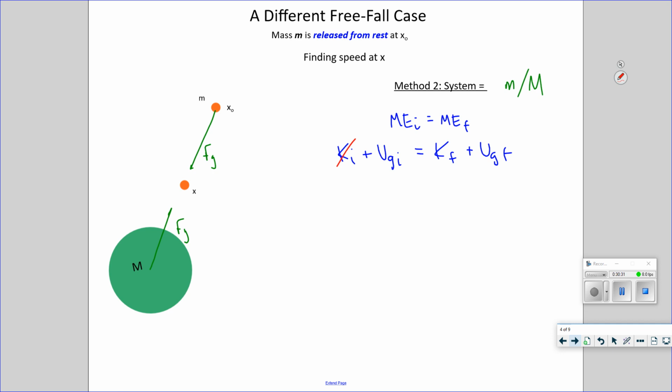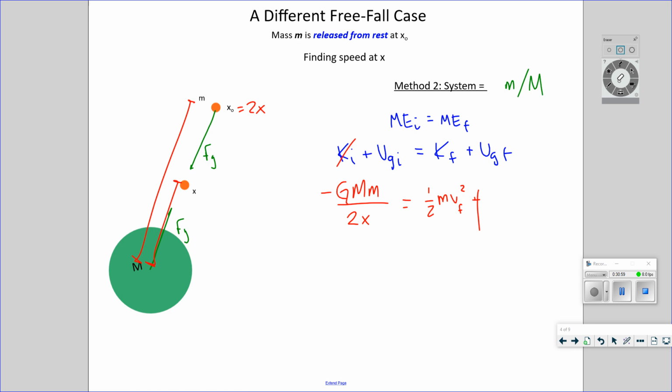So what we can say is that initially there is a gravitational potential energy GMm over, I'm going to go right for it, 2x, right? X naught is 2x. This distance x, this distance 2x, equals 1/2 little m v final squared minus GMm over x.